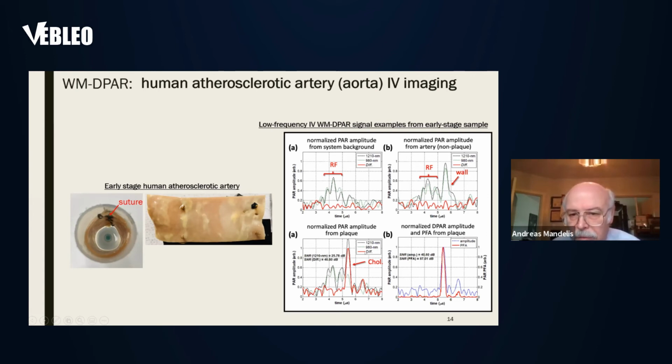So once I have the differential signal, I'm seeing the difference between the two. Again, this is the amplitude, but remember, we get a much higher signal-to-noise ratio if we take the amplitude and multiply it by the inverse of the standard deviation of the phase. This is the last trace right here, the PFA. The reason is that the phase has a narrower bandwidth, so it gives you a higher spatial resolution.